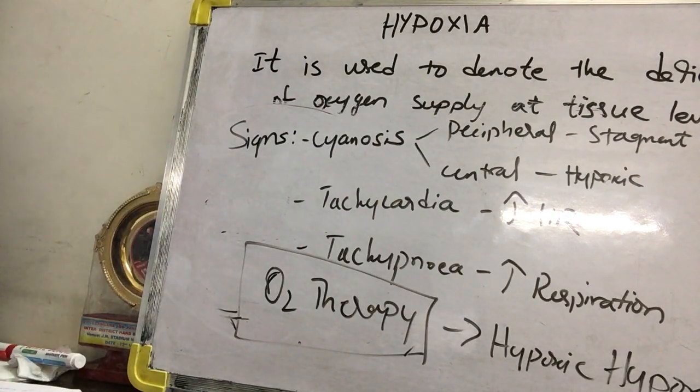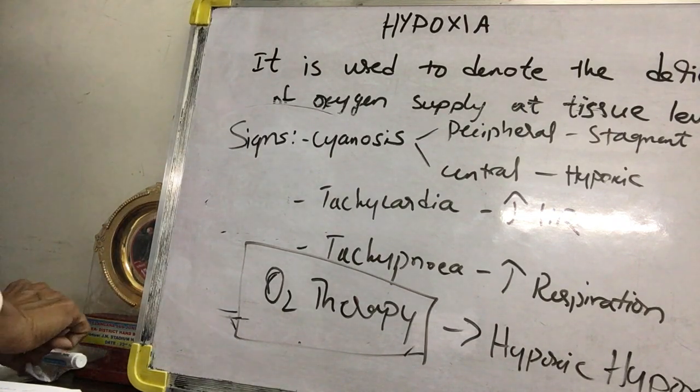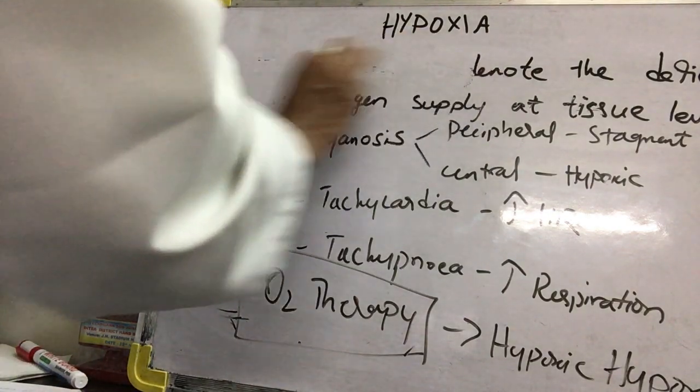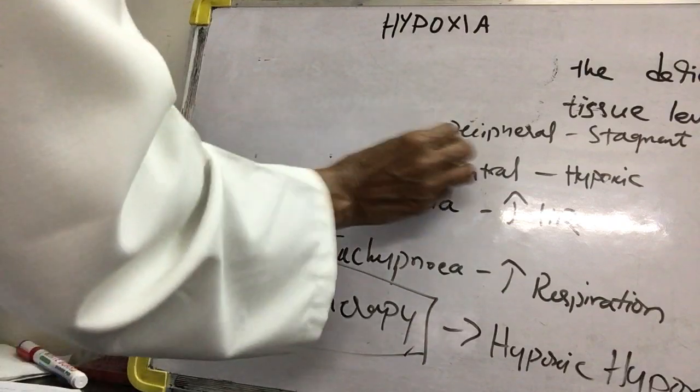So this is in brief about hypoxia. First, definition and classification: hypoxic hypoxia, anemic hypoxia, stagnant hypoxia and histotoxic hypoxia. And different causes and features of all types of hypoxia.